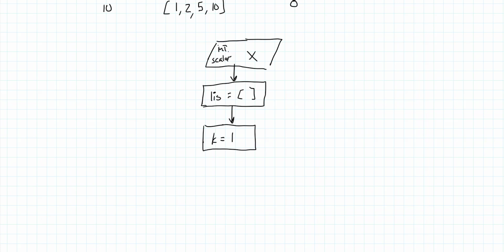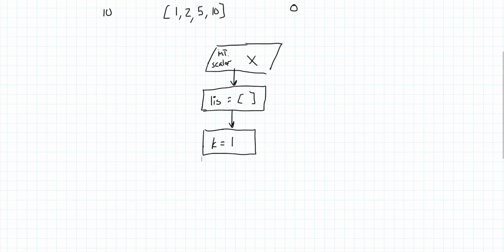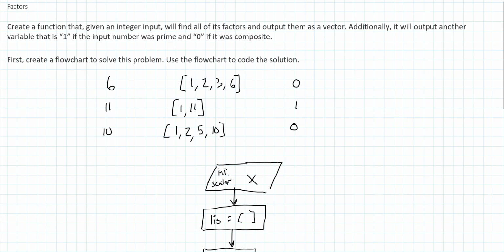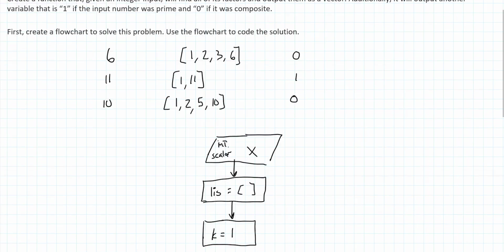So we're going to do a test that says, is our number divisible by this incrementing k? And we have to repeat this test. In the brute force approach we took initially, we're going to have to repeat it 6 times, 11 times, 10 times, in general x times, to make sure that we've tested every integer from 1 to the number we were given.